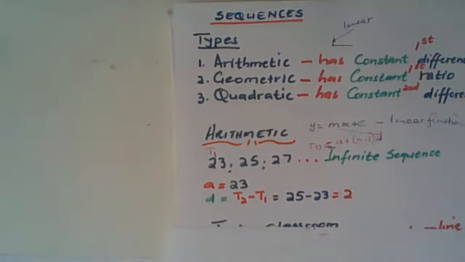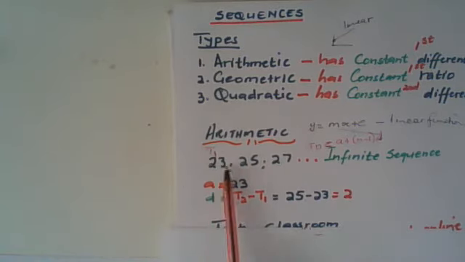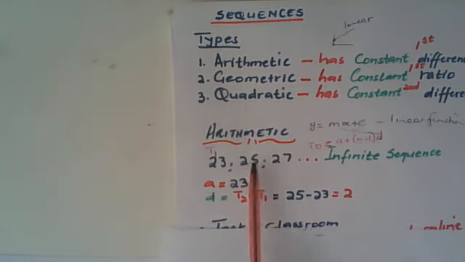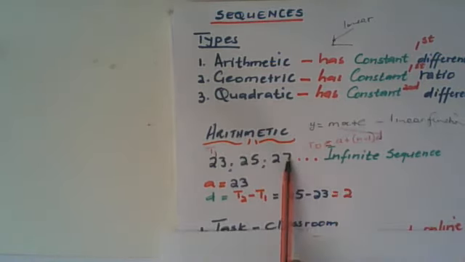We say it's constant because it will never change: 27 minus 25 is 2. To get the next term, you add 2. 23 plus 2 gives you 25, 25 plus 2 is 27.